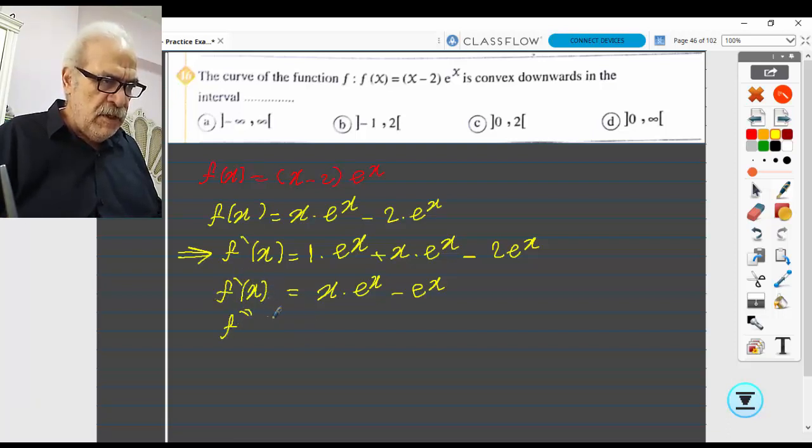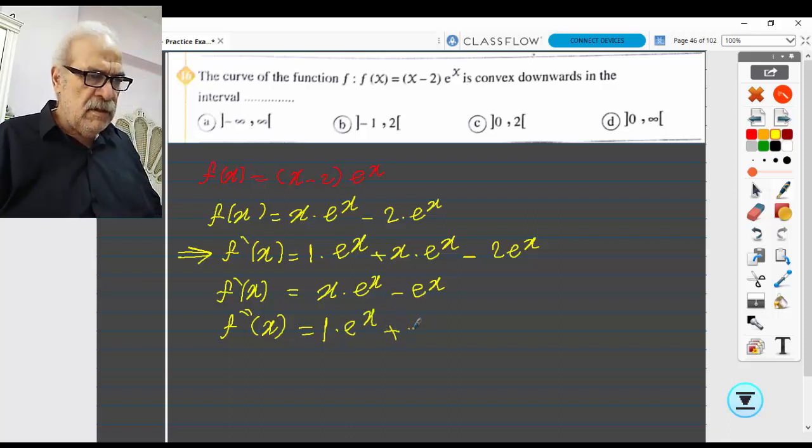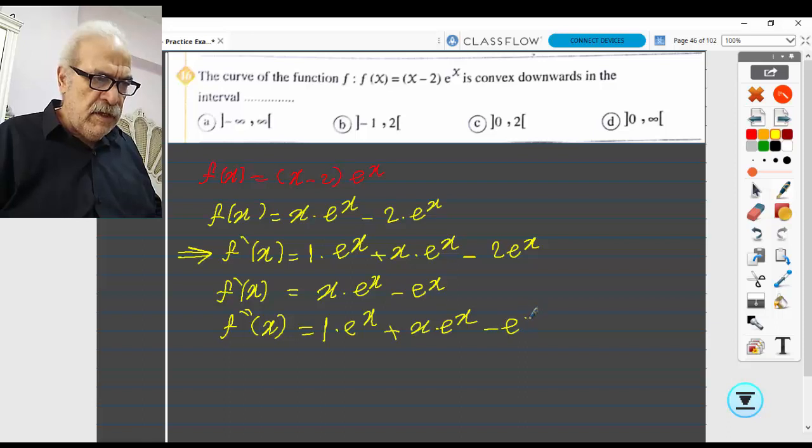Now f double dash of x equals the derivative of the first is 1 dot e power x, plus the first dot derivative of the second, minus e power x itself. E power x minus e power x equals 0.